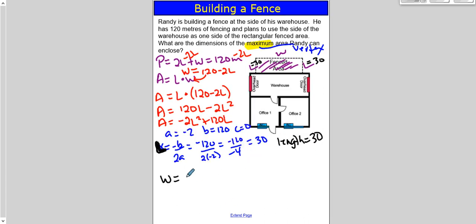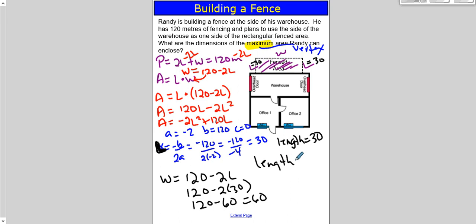My width was 120 minus 2L, so 120 minus 2 times 30, so 120 minus 60, which is 60. So I have a length of 30, I have a width of 60, and it asked what are the dimensions, so it must be 30 meters by 60 meters.